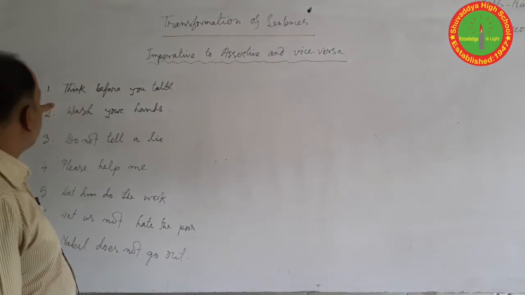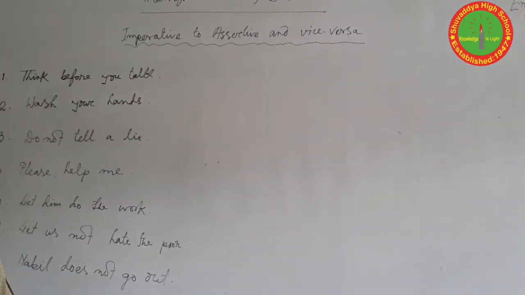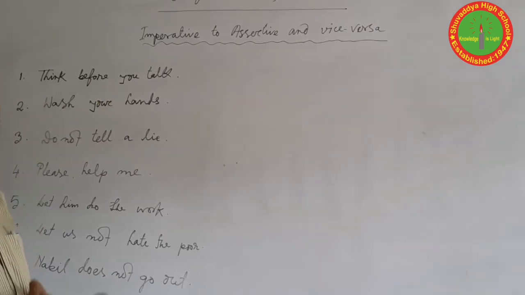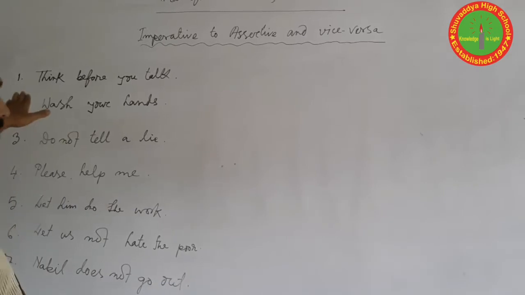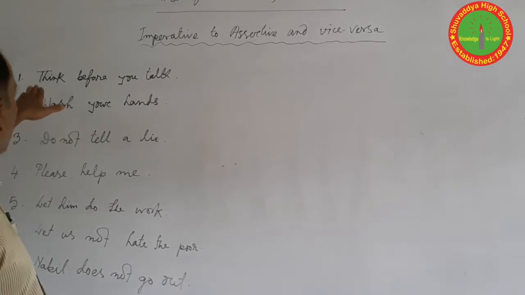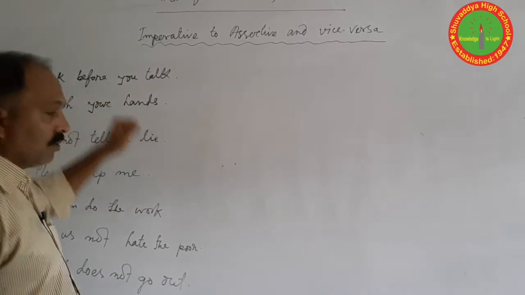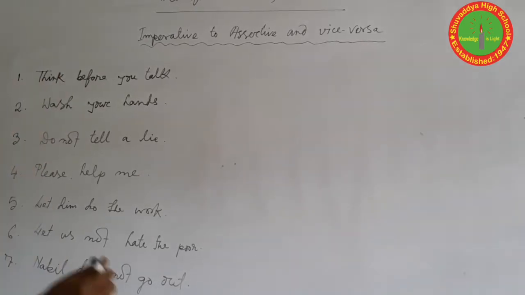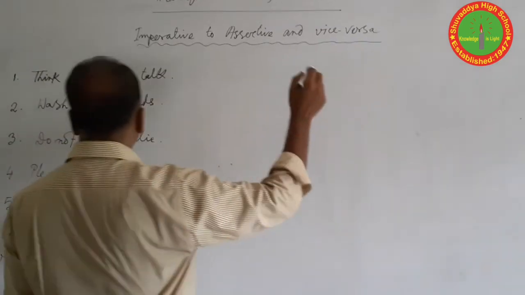So mainly the sentence is you think before you talk, but when you write an imperative sentence, you should start with the main verb: think before you talk. Then what is the answer of the question into assertive?